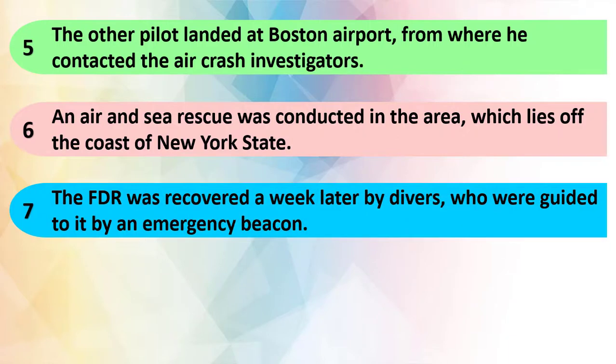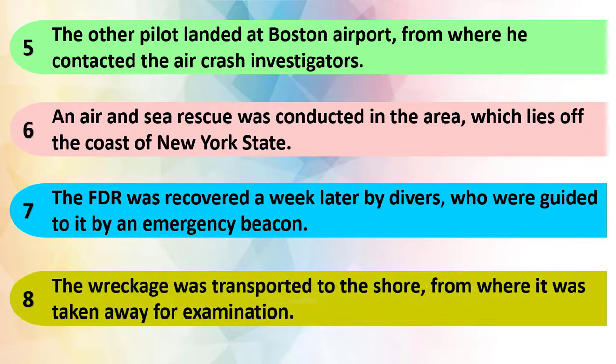The FDR was recovered a week later by divers, who were guided to it by an emergency beacon. The last sentence. The wreckage was transported to the shore, from where it was taken away for examination.